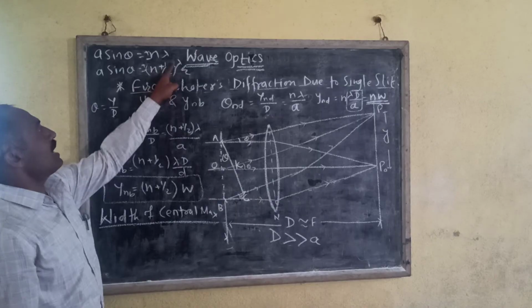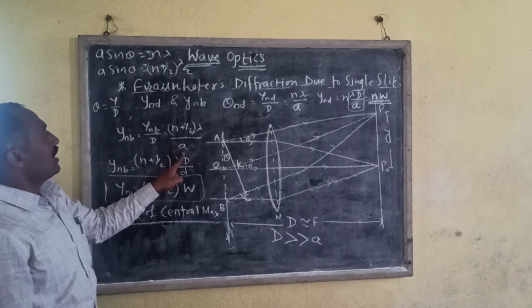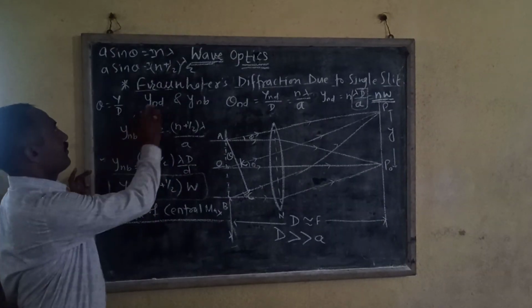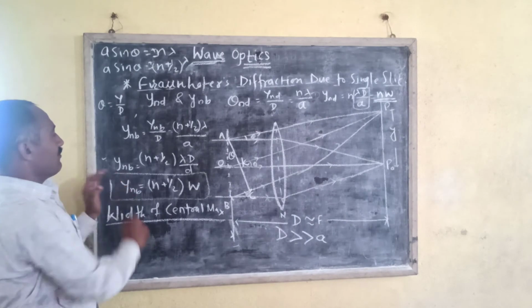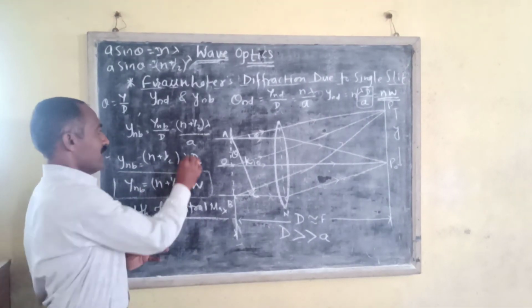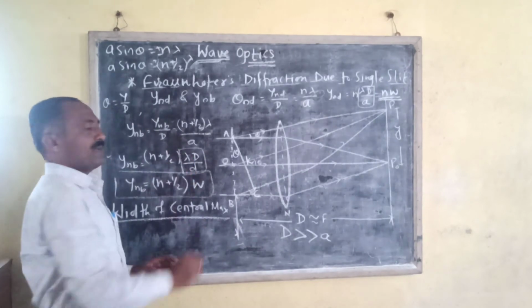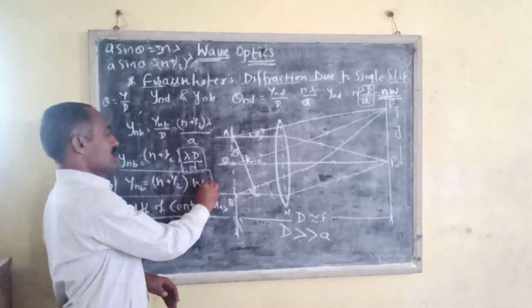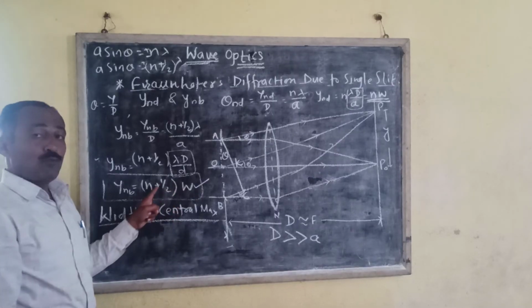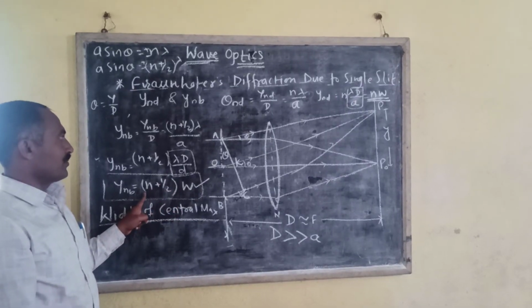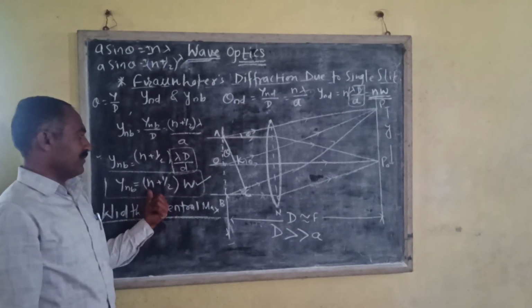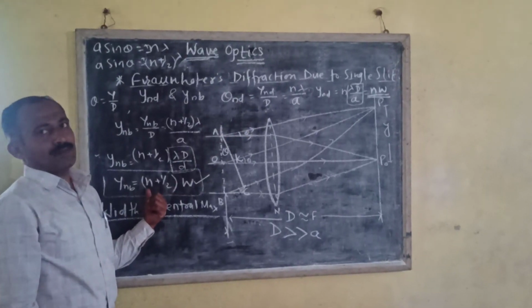Therefore y_nb is equal to (n plus half) lambda capital D upon small a. Here again lambda capital D upon a is the fringe width w, so (n plus half) into w for the nth bright fringe. These are the distances of the nth dark fringe and nth bright fringe from the center.